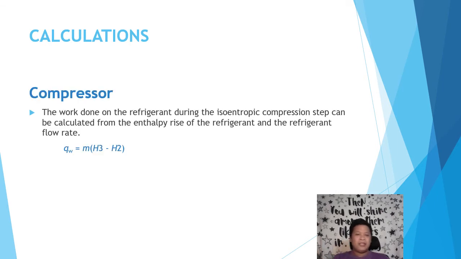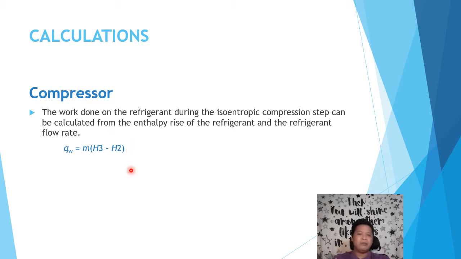Alright, so makita natin dun sa graph kanina, di ba, yung parang curve dun sa right side is the compression part. And as you can see, when you do compression, there is an increase in entropy. And that increase in entropy actually corresponds to the difference between H3 and H2.